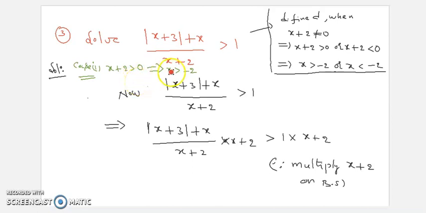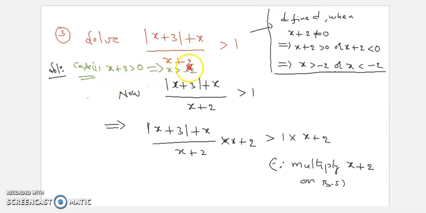Why? Because if the denominator value x plus 2 is equal to 0, the inequality is undefined. That's why x plus 2 compulsorily not equal to 0. Not equal to 0 means x plus 2 is less than 0 or x plus 2 is greater than 0. In both cases, we are going to solve.